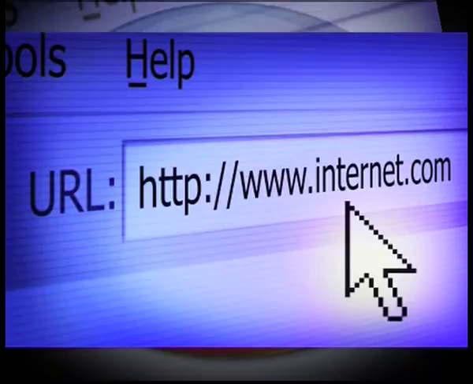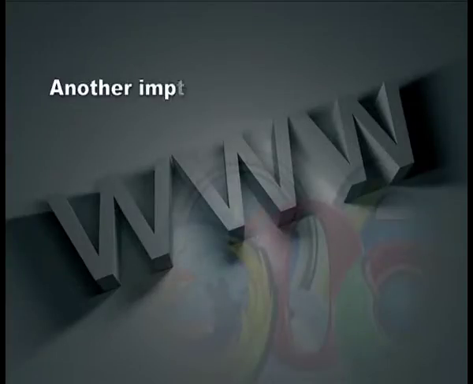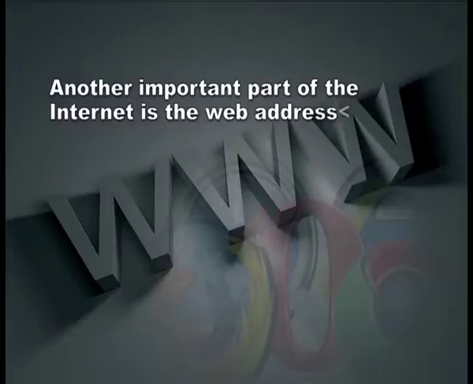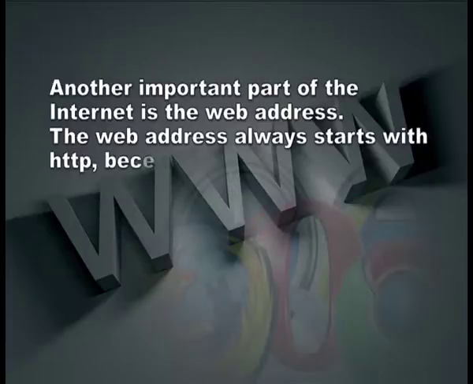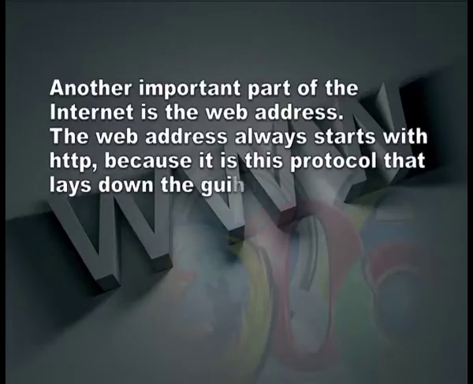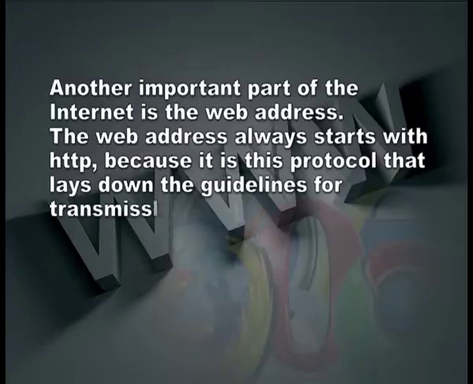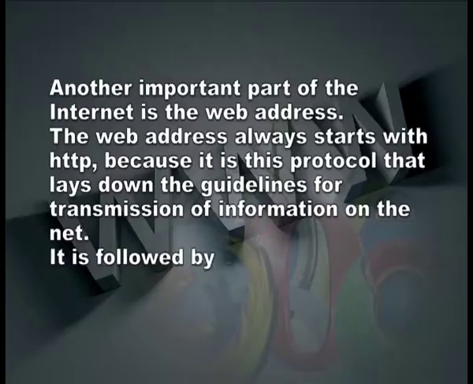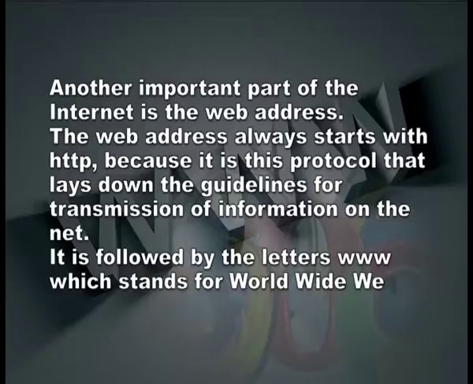Web address. Another important part of the internet is the web address. The web address always starts with HTTP because it is this protocol that lays down the guidelines for transmission of information on the net. It is followed by the letters www, which stands for World Wide Web.